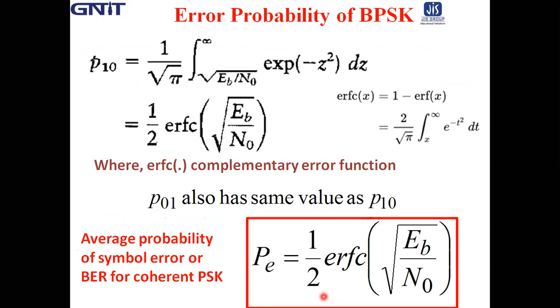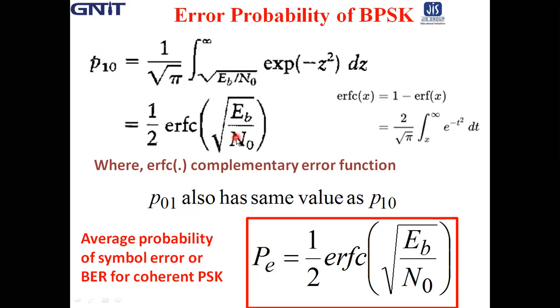It follows therefore that P01, the conditional probability of the receiver deciding in favor of symbol 0, given that symbol 1 was transmitted, also has the same value as P10.